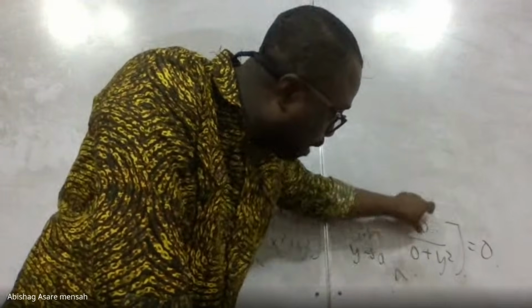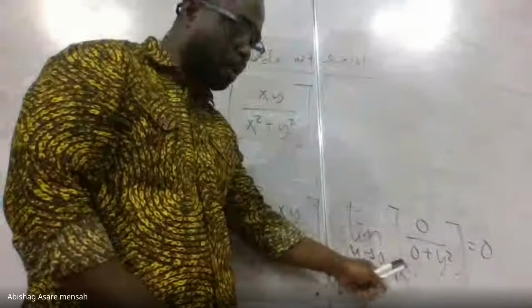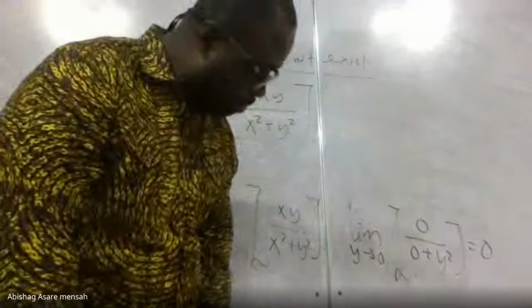You get it? This one, so far as the numerator is 0, the whole thing will be 0. So even if you find the limit as y is 0, you get 0. But I'm saying over here you said y equal to 0, but it's just the x that has been put to 0.